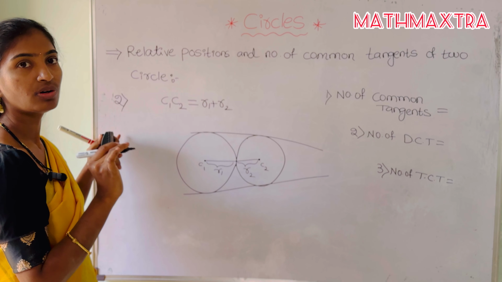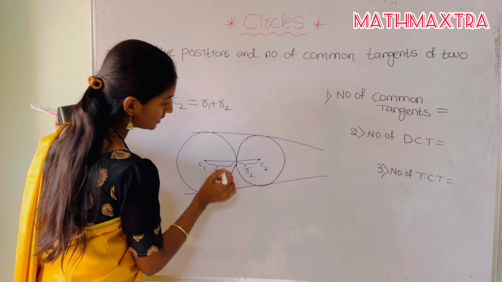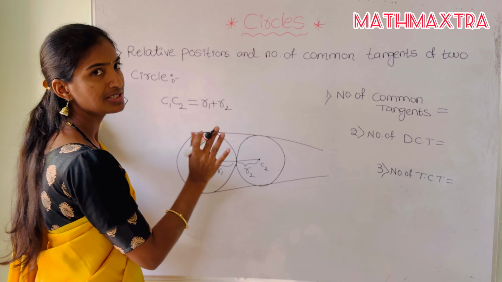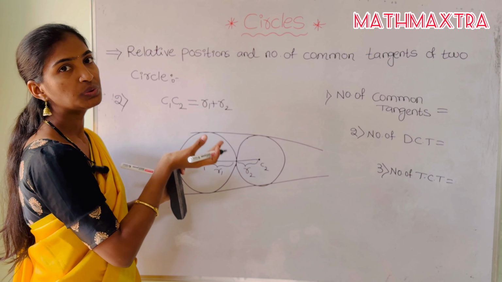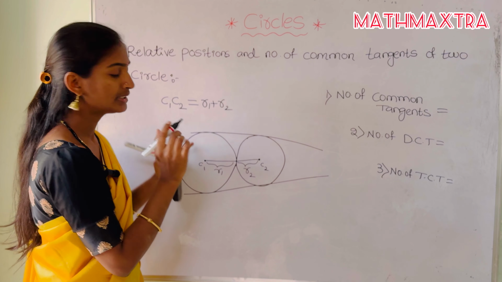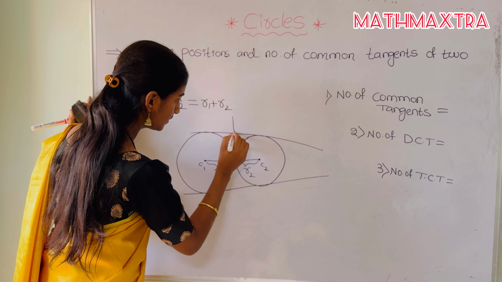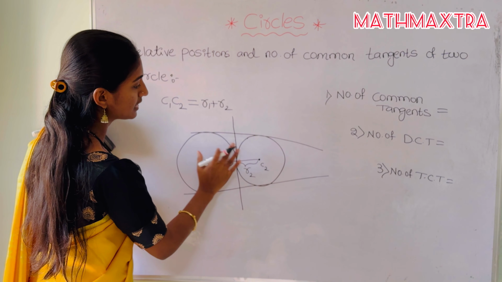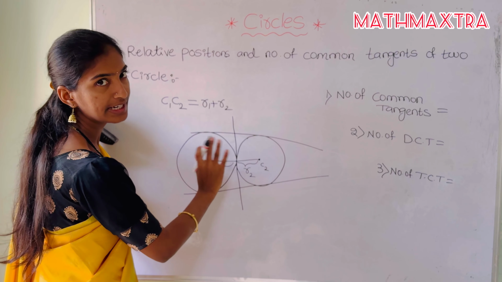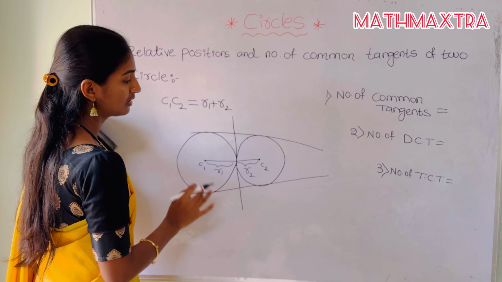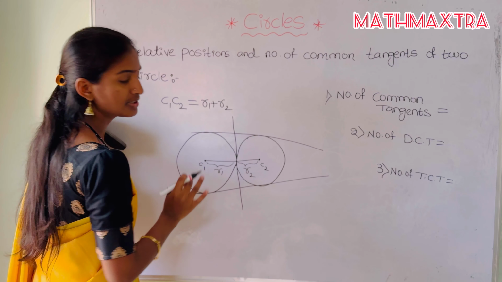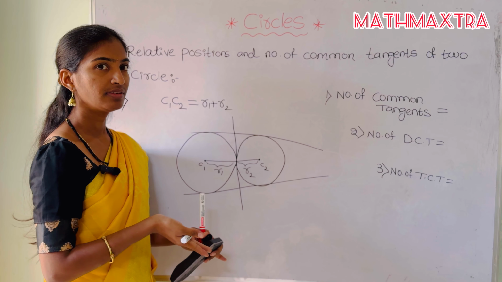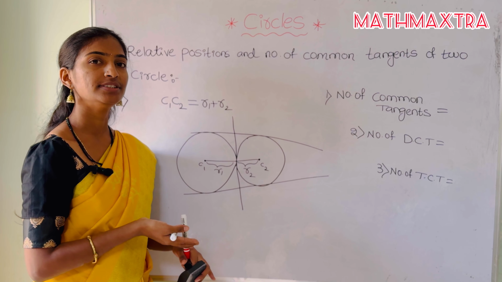Now you try to draw transverse common tangents. See, how is it possible? The two circles must lie opposite to each other with respect to the tangent, isn't it? So if this is the transverse common tangent, these two circles are lying exactly opposite to each other. Is there any other possibility of drawing a transverse common tangent?